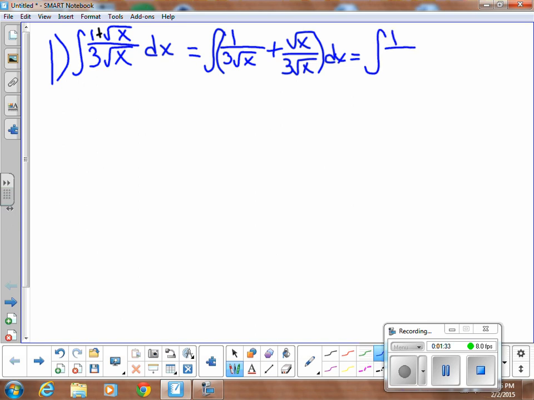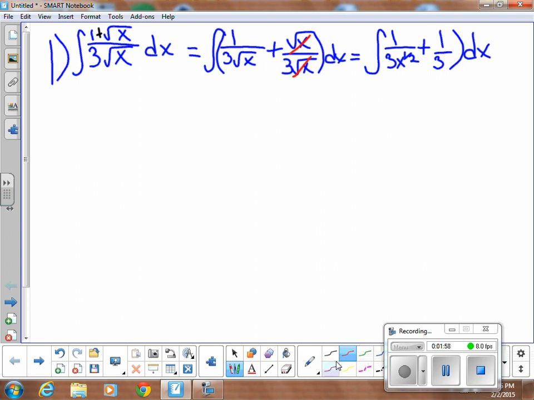Okay, so now we can rewrite this a little further. Square root of x is the same thing as x to the 1/2. Now on this second problem, it's the same thing of x to the 1/2. But if you notice, you have, okay, pause real quick there, Alex. Right here, you have square root of x over square root of x, so these cancel. That's what I did here.